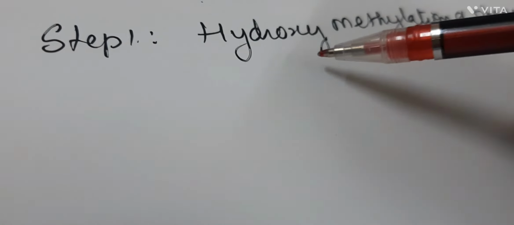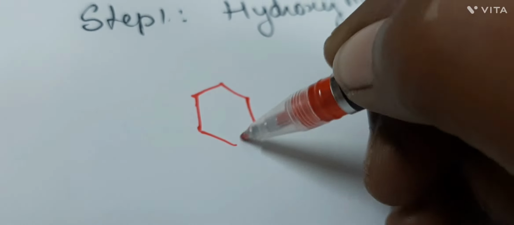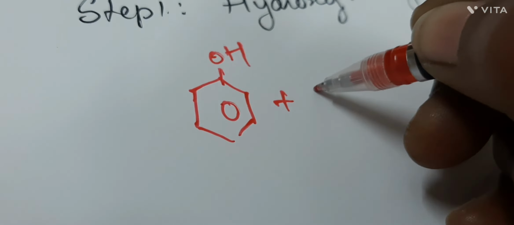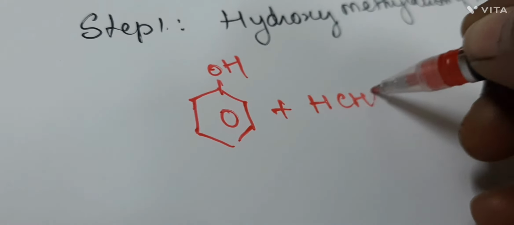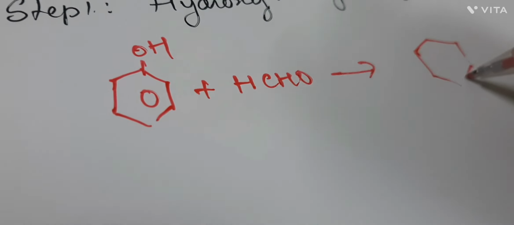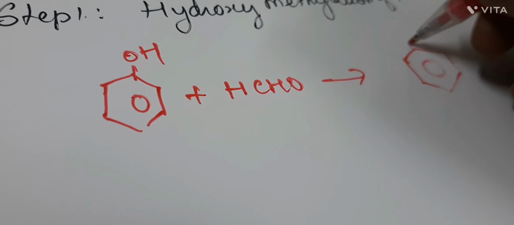Now let us see about step 1, hydroxymethylation of phenol. Okay, so phenol is taken, alright, and this is treated with formaldehyde, HCHO, to give monomethylol phenol or orthohydroxymethylphenol.